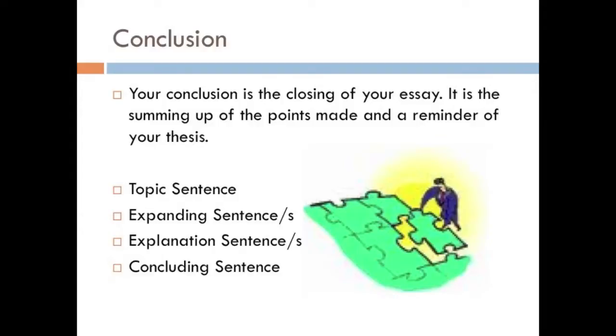And a paragraph includes 4 good sentences. First one, a topic sentence, then an expanding sentence, an explanation sentence, and a concluding sentence. You can see there for expanding and explanation, I've put an S on the end. That's because sometimes you might need 2 sentences, and that's perfectly okay. Minimum of 4.